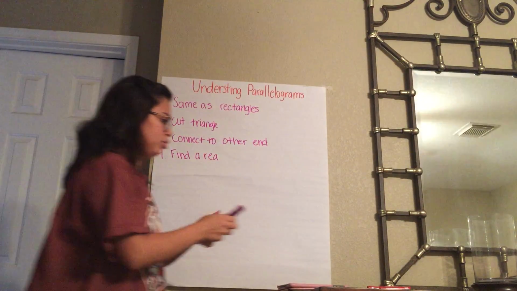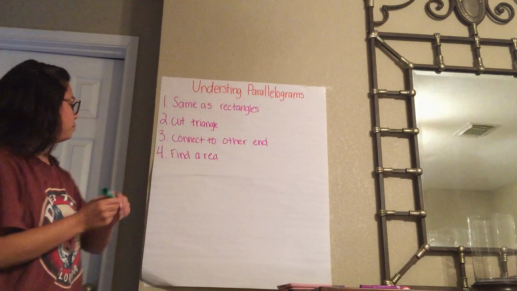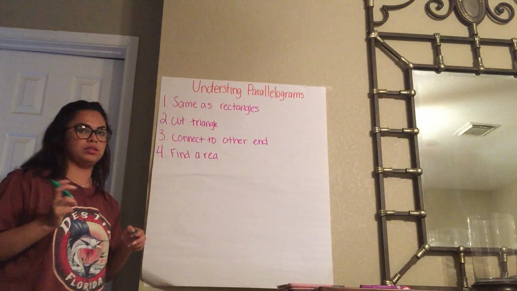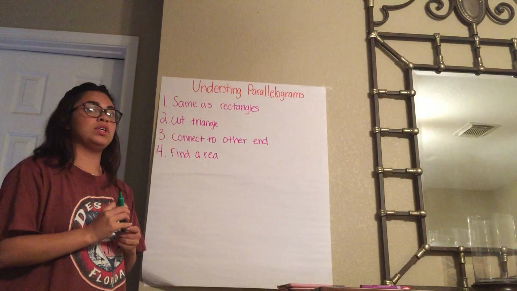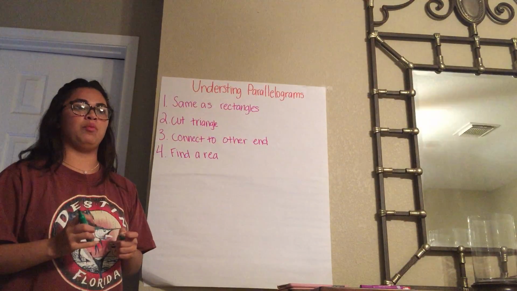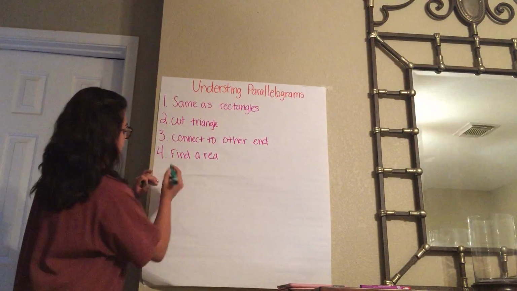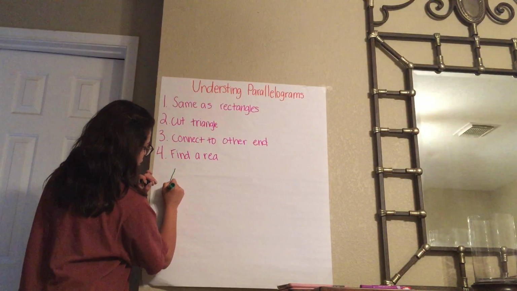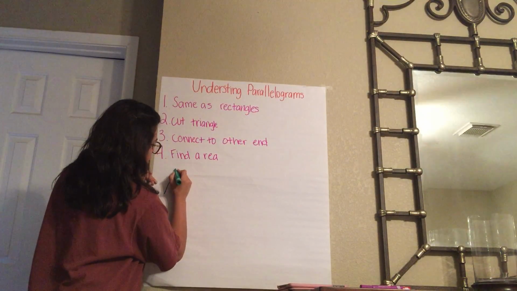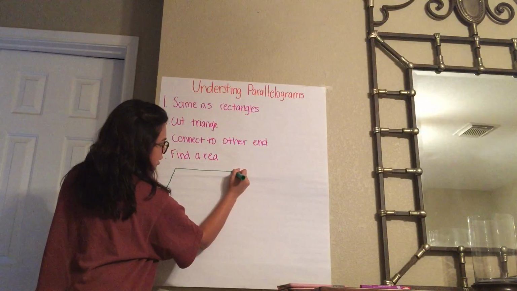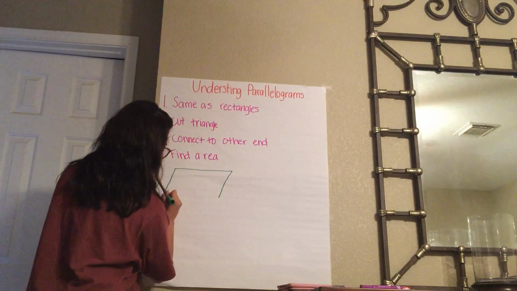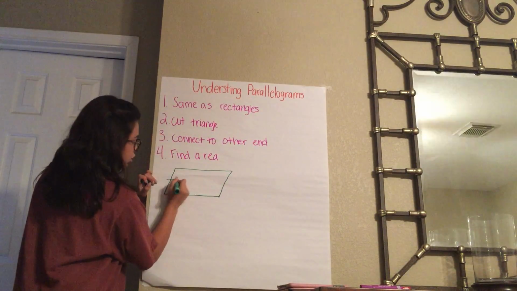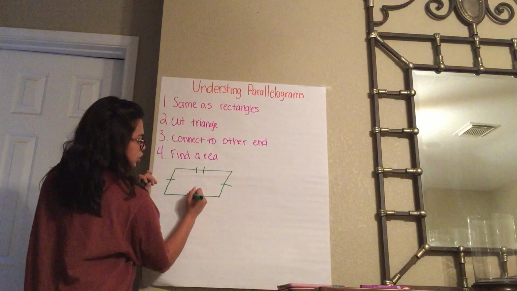So let's draw a parallelogram. Do y'all know what that is? A four-sided figure with opposite parallel sides. So I'm going to draw like this, draw this line, and we're going to slant this in and draw this. These two are parallel and these two are parallel.